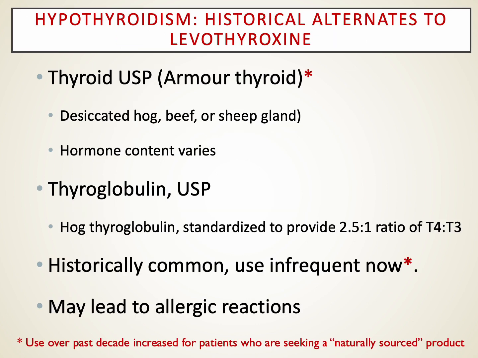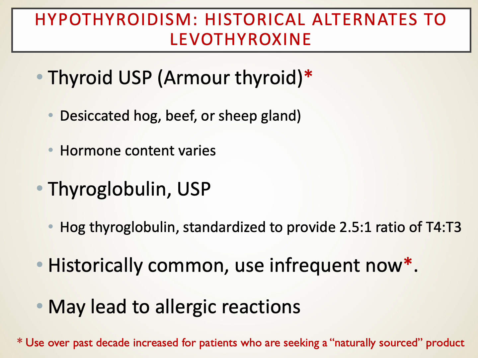Other historical alternatives, and you'll sometimes see patients use some of these, particularly is thyroid USP, or what used to be called Armour Thyroid. This is a naturally sourced product derived from hog, beef, or sheep thyroid gland. The hormone content varies, but where I've seen patients use this product typically is if they are really wanting a non-synthetic, natural product.